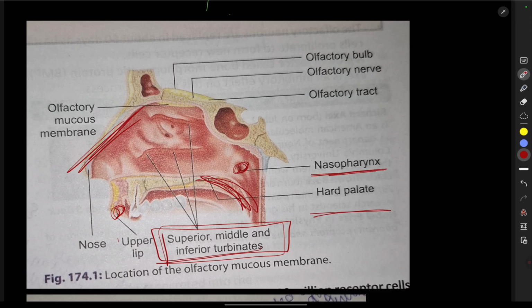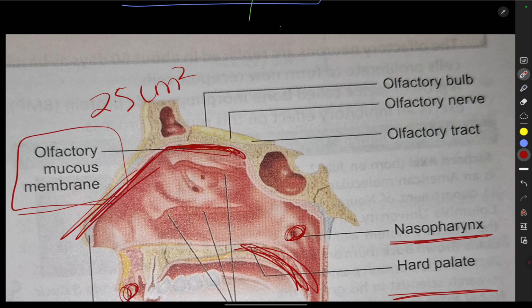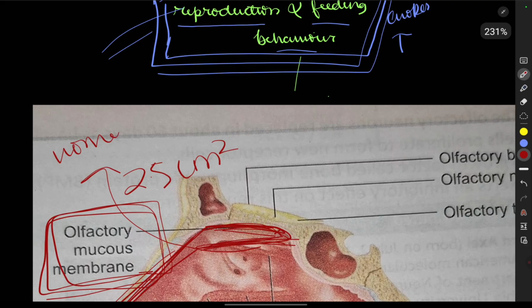See this yellowish area, which we studied just now, the 2.5 centimeters square in each nostril. This yellowish pigmented mucus is the olfactory mucous membrane, and the extra layer present in rodents and mammals is the vomeronasal organ that we just studied.